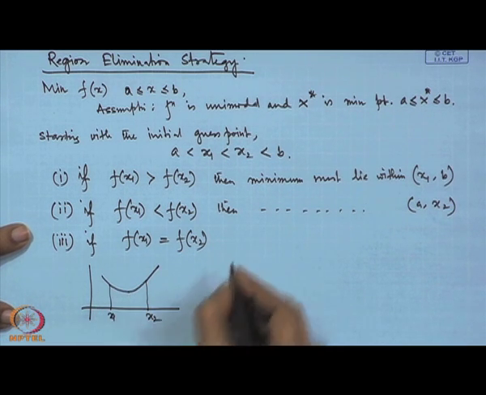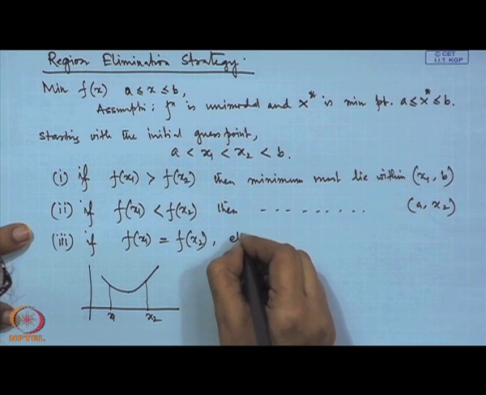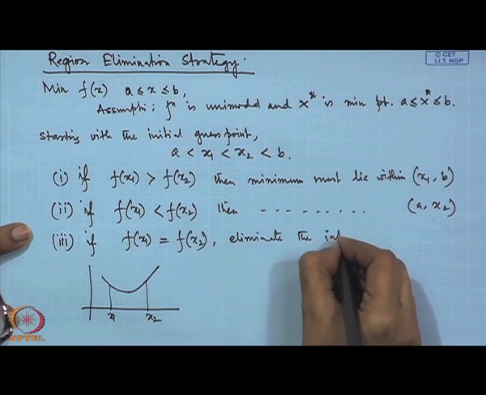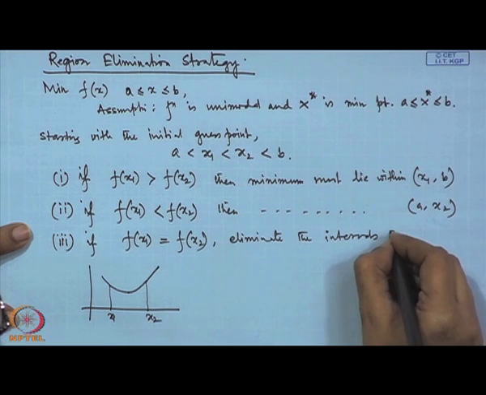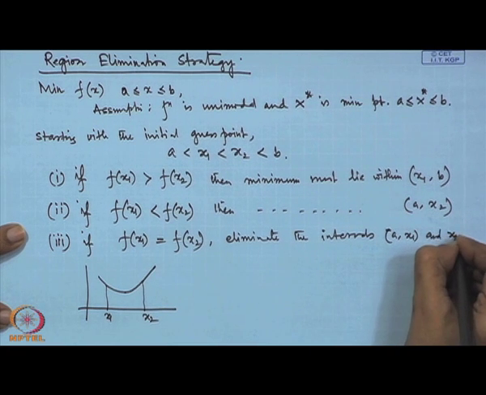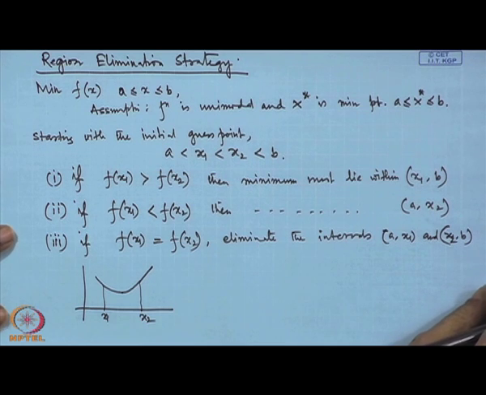And in this case, in the next iteration, we will eliminate the intervals from a to x1 and x2 to b, all right.